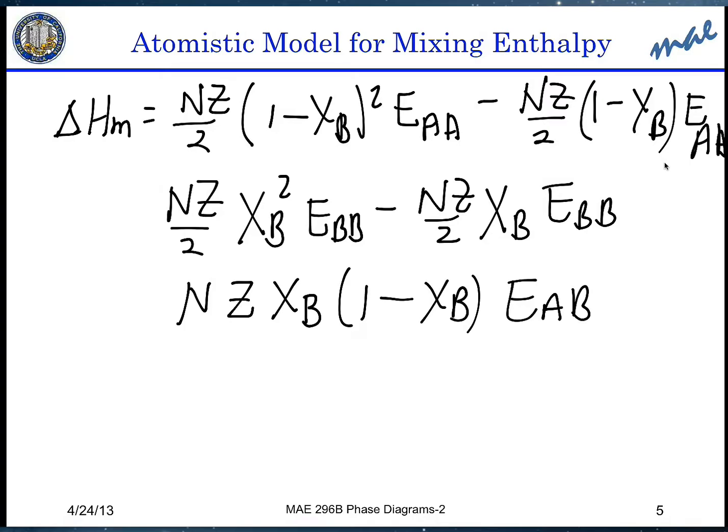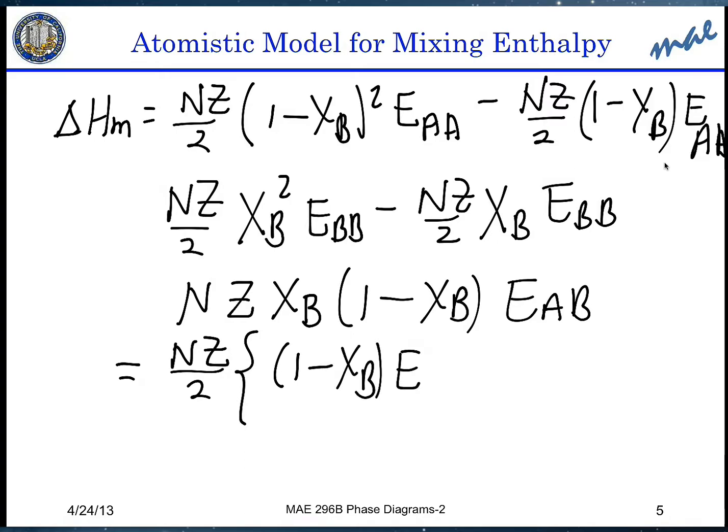And when we collect terms, I take NZ over 2 as a common factor, and I will have 1 minus X sub B times EAA times X sub B minus 1.